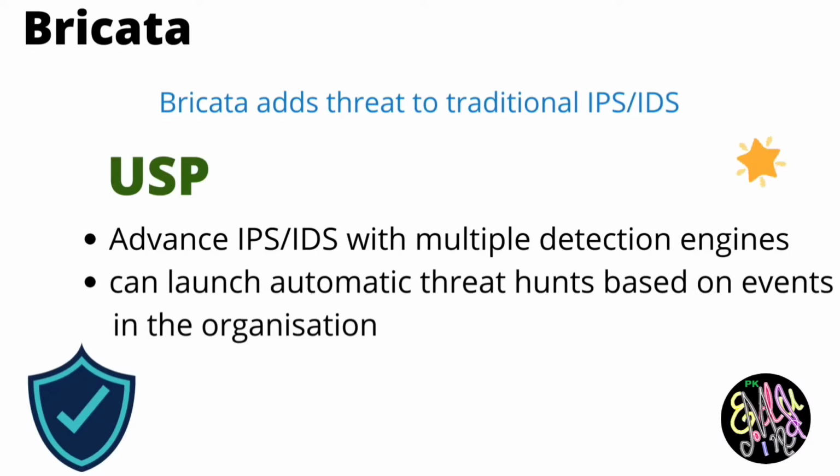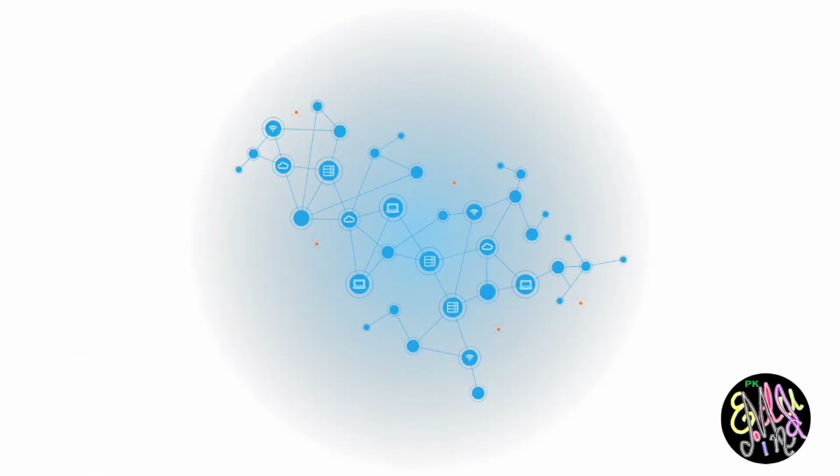This would enable an organization to begin network-level threat hunting using the same staff and tools they are already using for IPS monitoring. It would be a step towards better security. The tool looks like this.